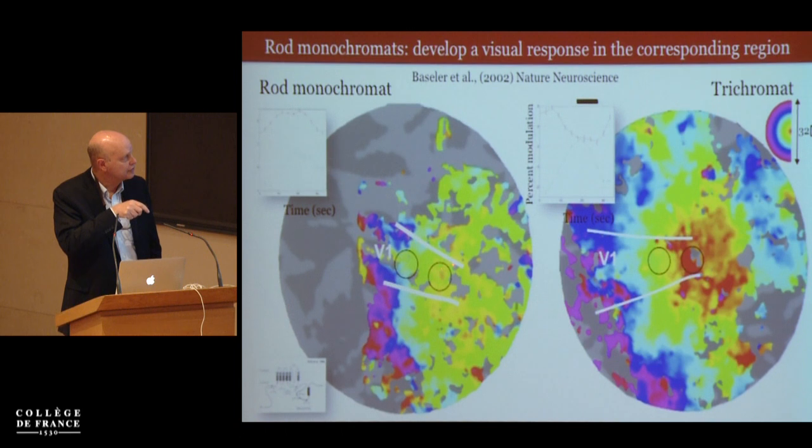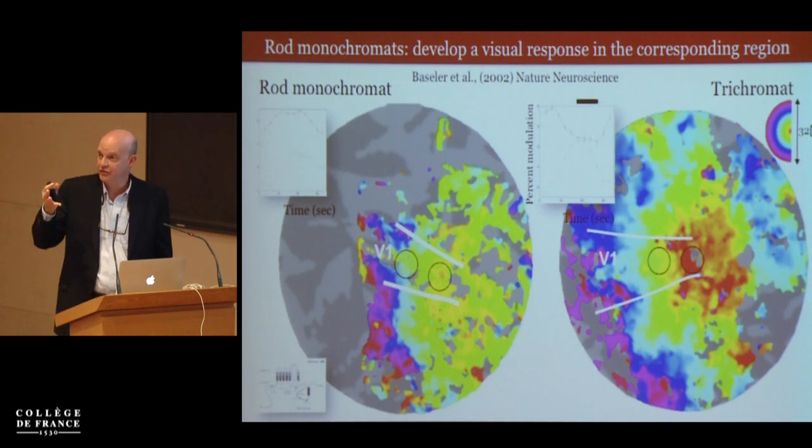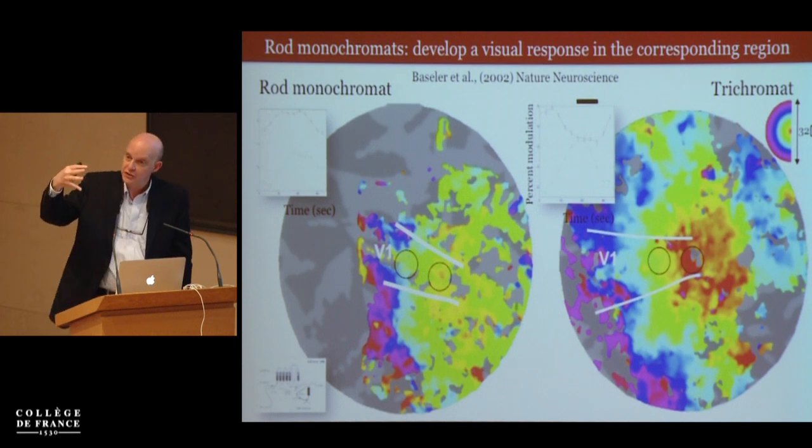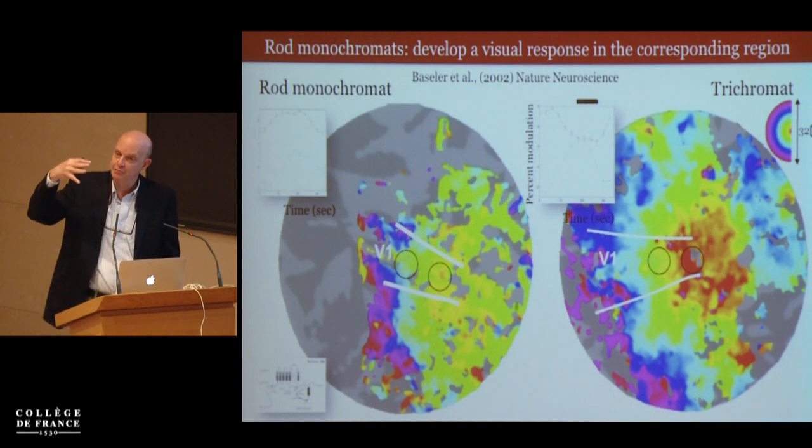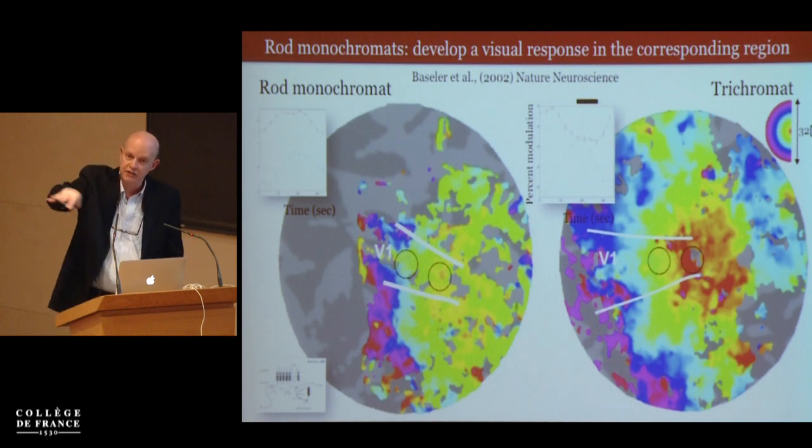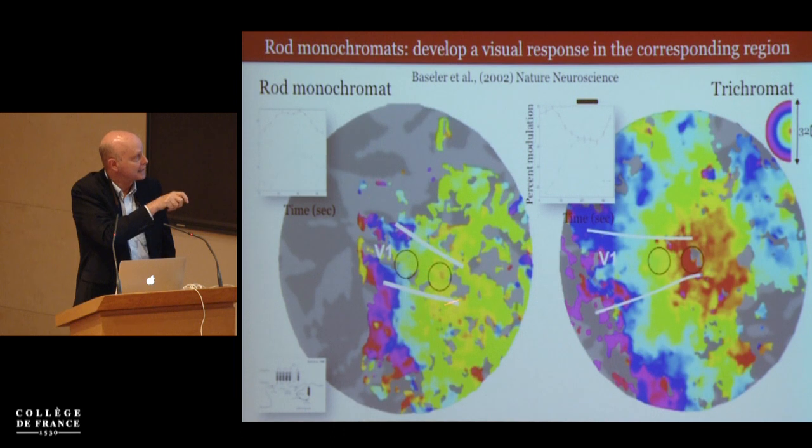Notice that although this represents the very center of the gaze, for the rod monochromat, they have no rods in the very center of their gaze. So it becomes active, but it's driven by the rods in the periphery. So it all looks green here instead of there being any red over here.